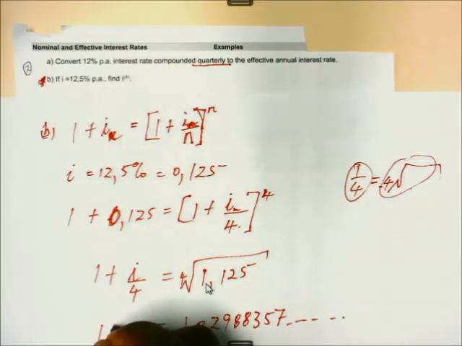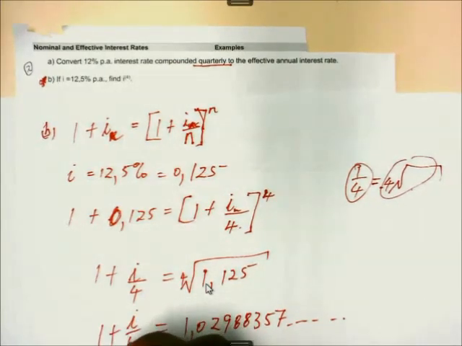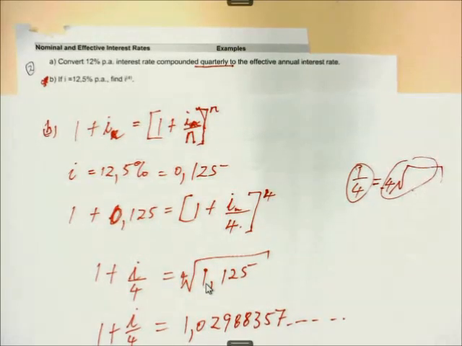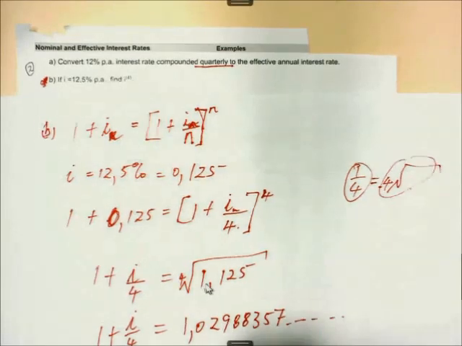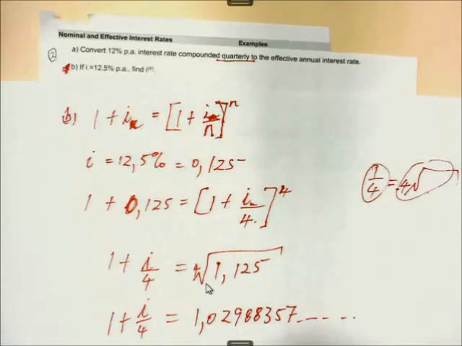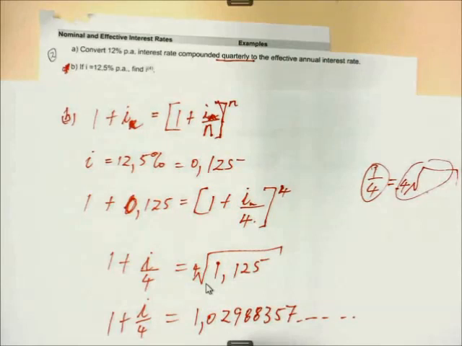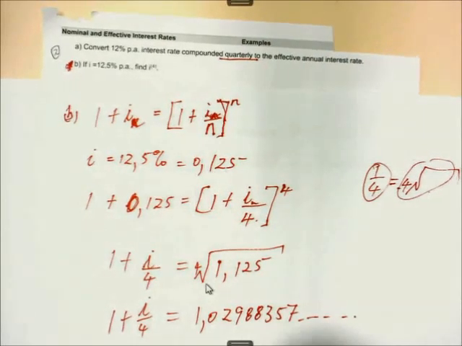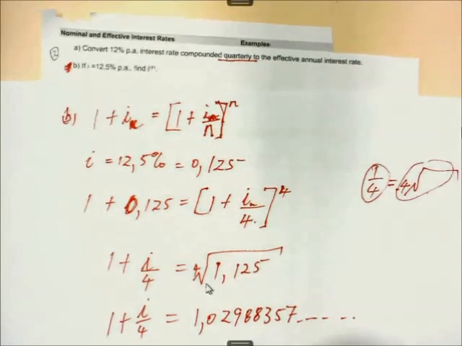So this is 1 plus I divided by 4. Let's check whether we are on the right track. If you subtract 1 from this, you get 0.02988357 and so on.